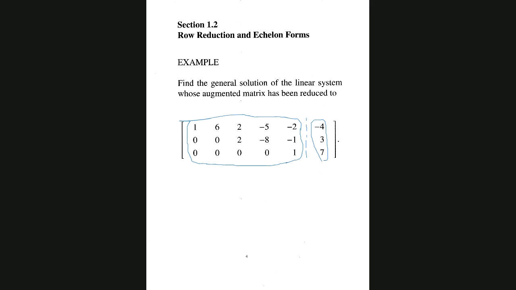Okay, so is this system in reduced echelon form? I didn't say echelon form, I said reduced echelon form. It's not in reduced echelon form. Because for instance, look at this one here.